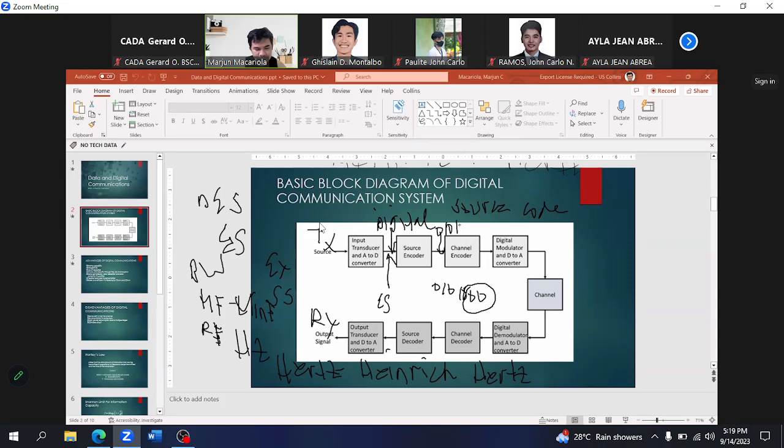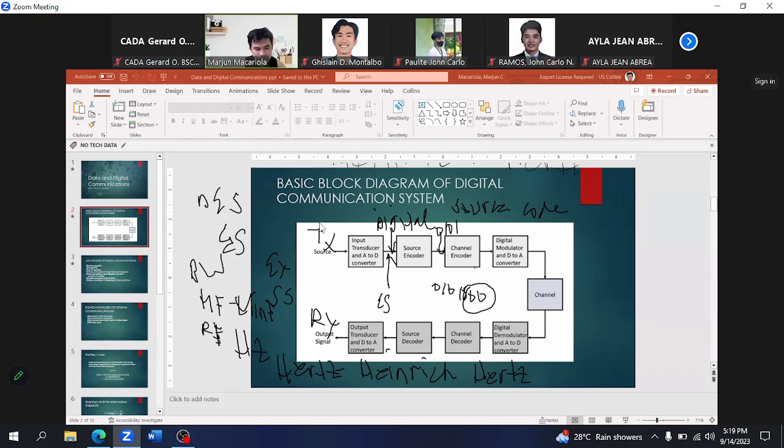Okay? So, bakit naglalagay ng error correcting bits? Halimbawa kasi, yung code, dumaan sa channel, so may mga noise, okay? So, possible, yung mga data, ma-alter, okay? What does the channel encoder do? For that, lalagay siya ng error correcting bits. Okay?